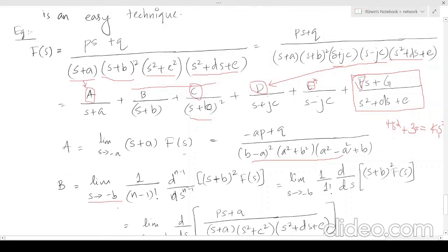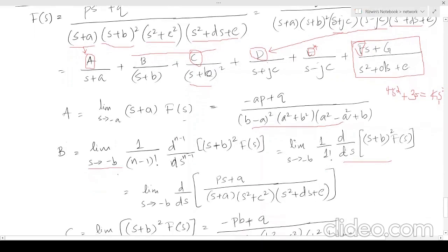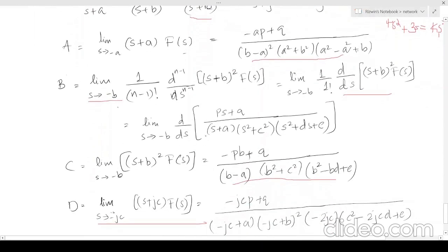So in this term, the (s plus b) all square will be cancelled, and just taking the first single order derivative here, n is equal to 2. So 2 minus 1, ds 2 minus 1. So d by ds of this term will be formed, and 1 by 1 factorial will be just 1. Applying the limits, after differentiating it, you will get the value of B.